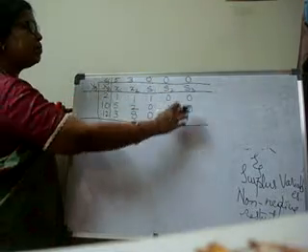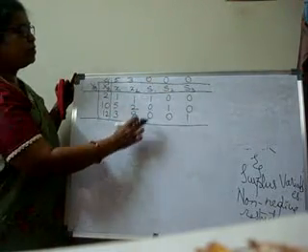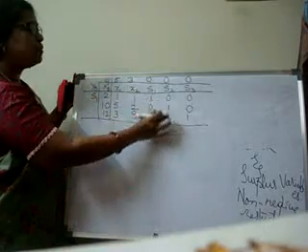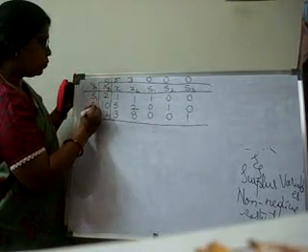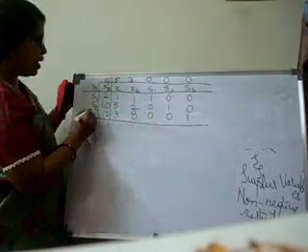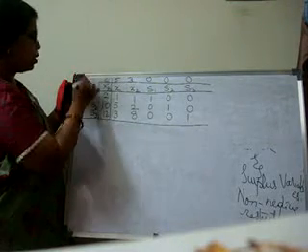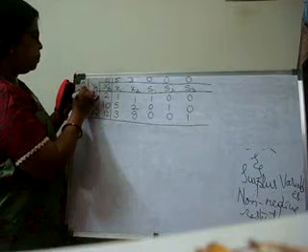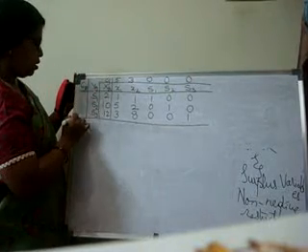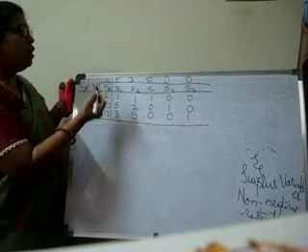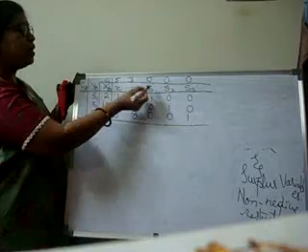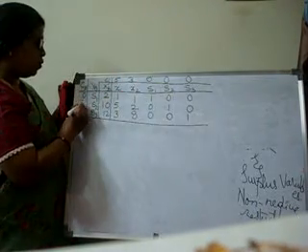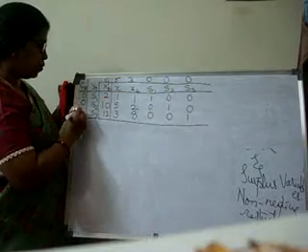Now, in the table, where is the identity matrix? 1, 0, 0 is at S1, 0, 1, 0 is at S2, and 0, 0, 1 is at S3. And next C. What is the cost of S1? The cost of S1 is 0, and the cost of S2 is 0, and the cost of S3 is 0.